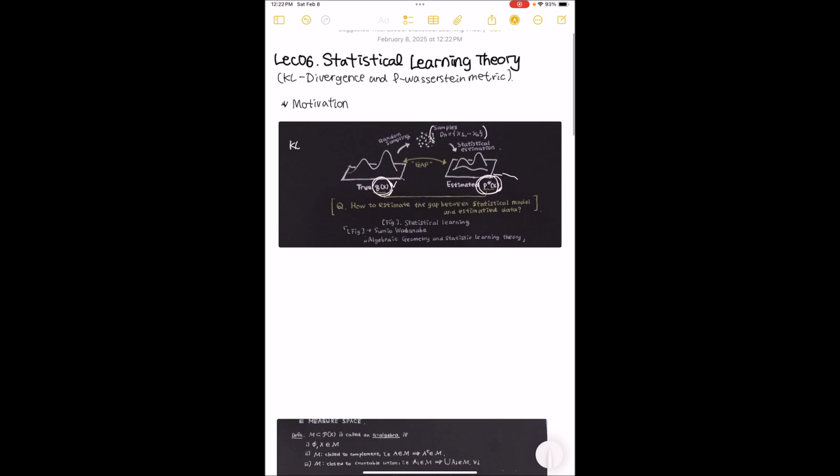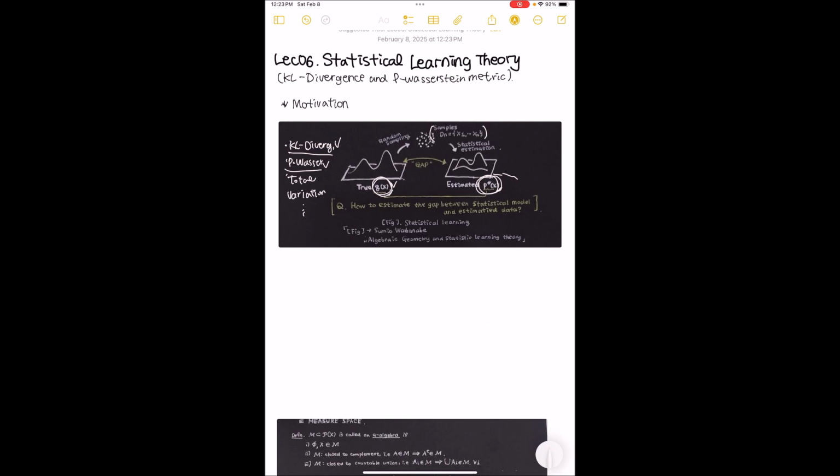As you see, Kullback divergence and Wasserstein metric, and another, total variation, and so on, which is not my main topic. Our main topic is Kullback divergence and Wasserstein metric.